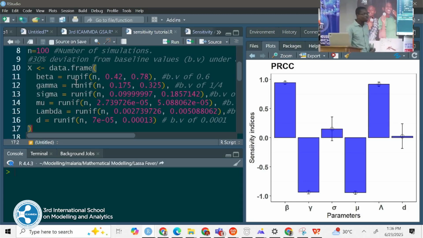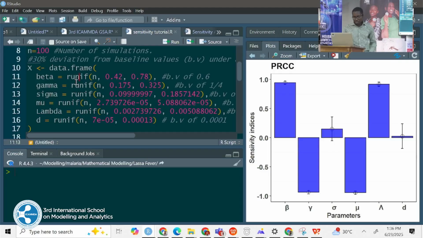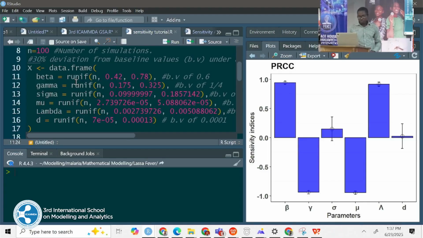So we have a minimum value of 0.42 and a maximum value of what? 0.78. Where will 0.6 fall in there? Where can we find 0.6 there? It will be at the middle, is it not? 0.6 will be at the mid value there, where we've done a 30% deviation from baseline.